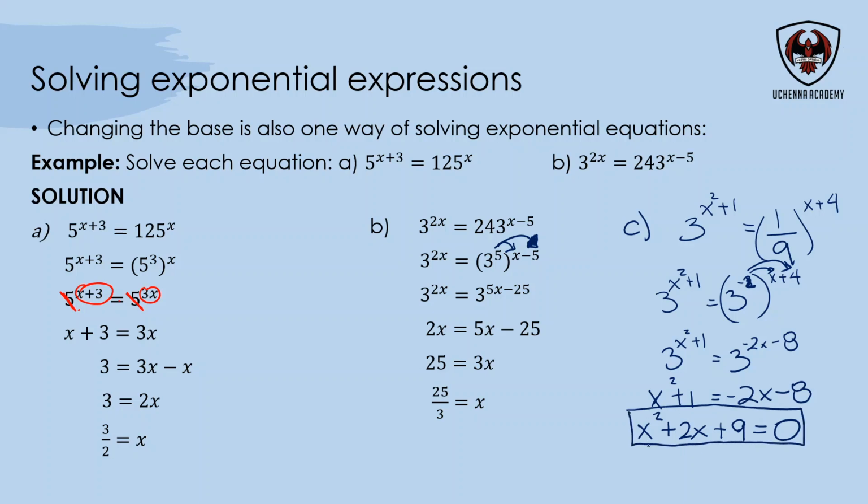I can solve this two ways. You can either factor using product sum. I don't think that'll work in this case, because you have to think about what two numbers multiply to 9, and also at the same time add to 2, and I don't think those two numbers exist. And then the second way is to use the quadratic formula. That'll always work, okay?